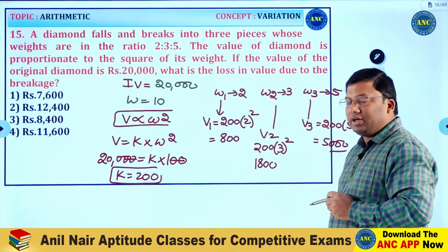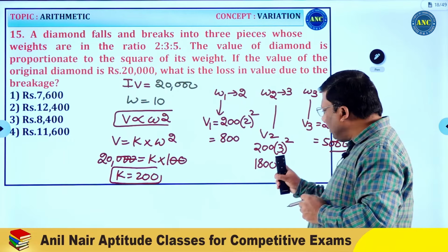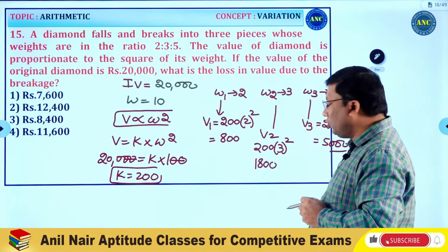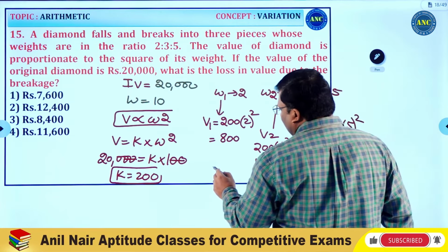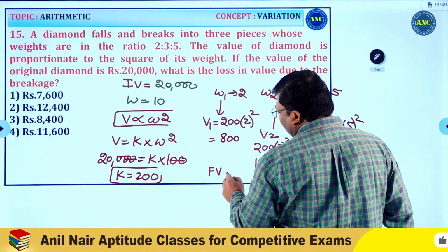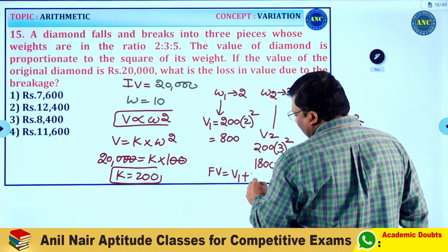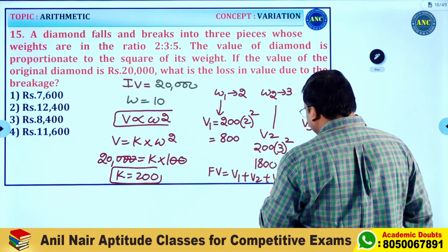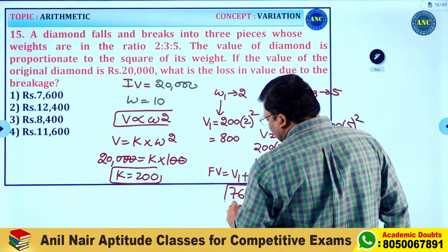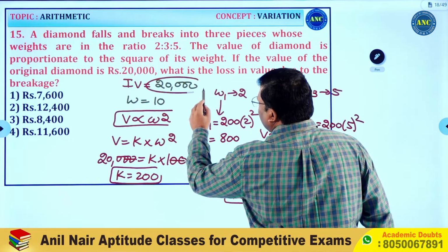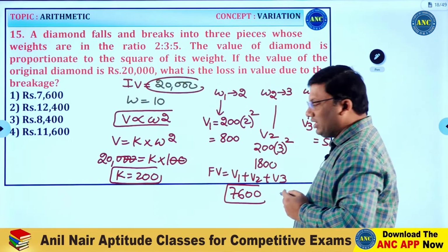It has been broken into 3 parts. 1800 plus 800 is 2600, plus 5,000 is 7600. So after breakage, the final value of the diamond is V1 plus V2 plus V3, 7600. Initially it is 20,000, now it is 7600.